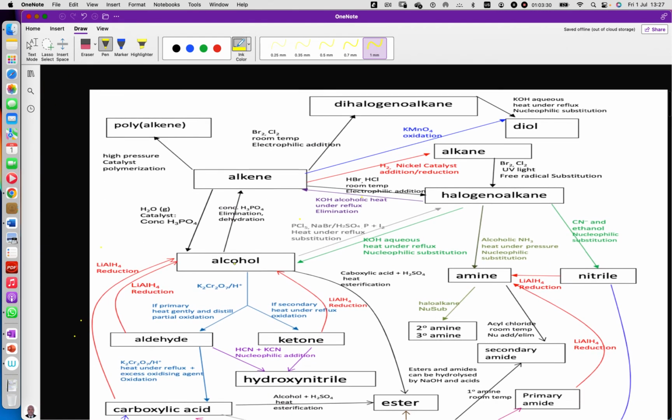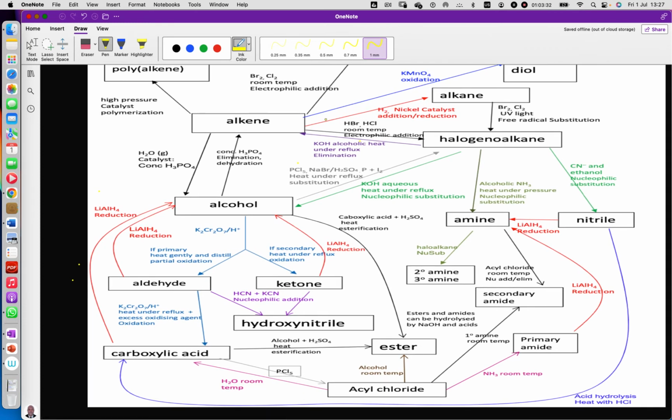Now again, I go to aldehydes, which can undergo reduction again, back to primary alcohol. They can undergo reduction using lithium tetrahydroaluminate.